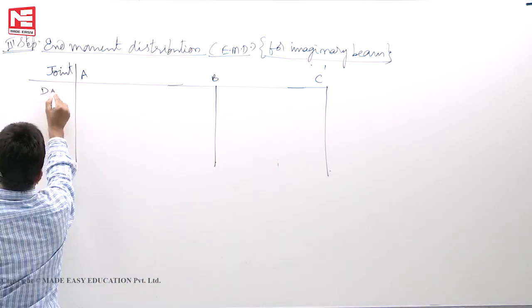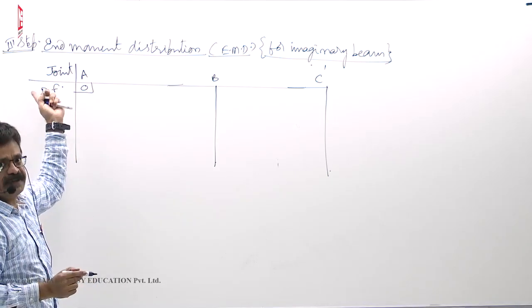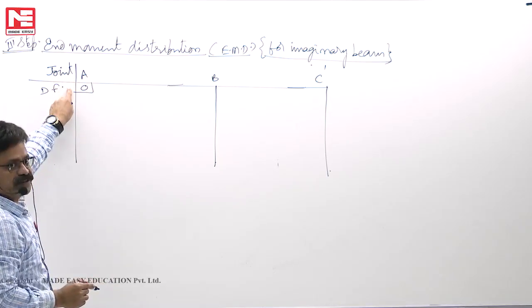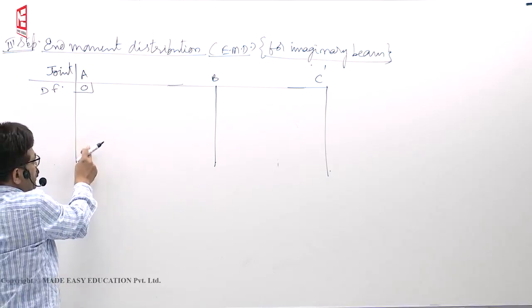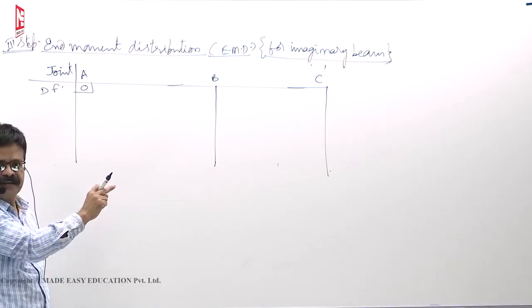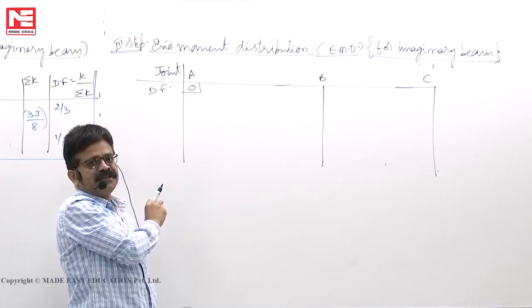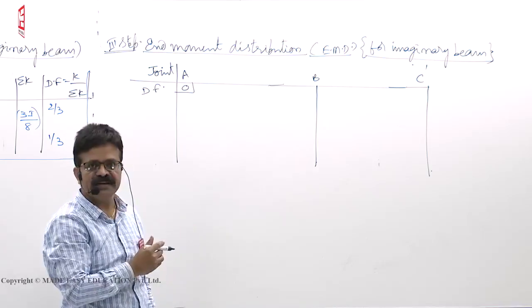See then distribution factors. At A it is 0 for the AB member, the other one is the fixed one. So if you want to write that fixed support wall, say wall 1 and A 0, also okay. So whatever moment you get, it's a plus 10 kilonewton meter you are getting. Then the joint should be in equilibrium. So minus 10 will be taken by the wall. Since you don't deal with the wall, we don't write that minus 10 also.